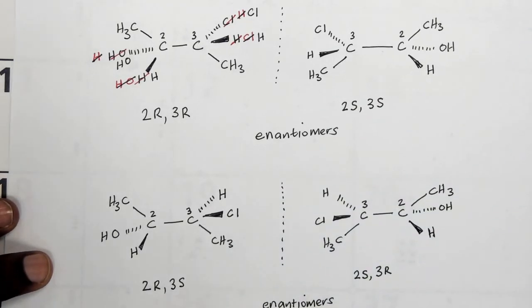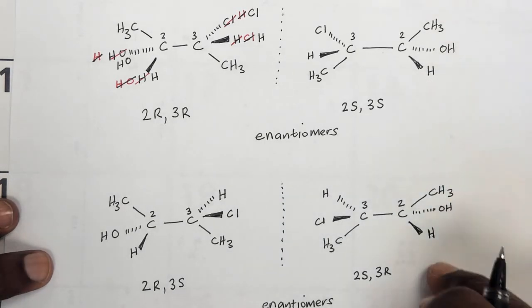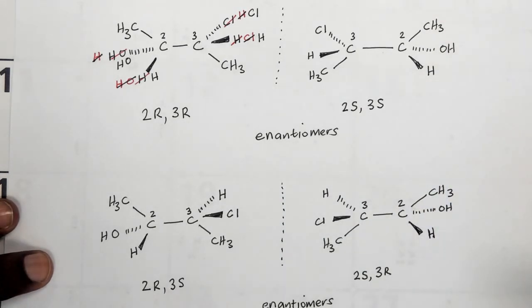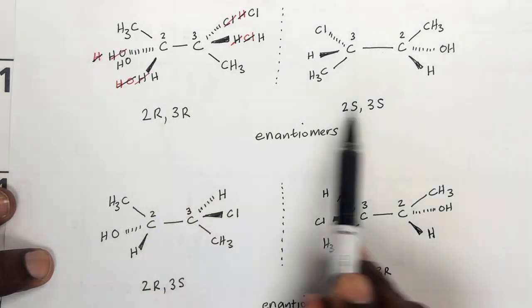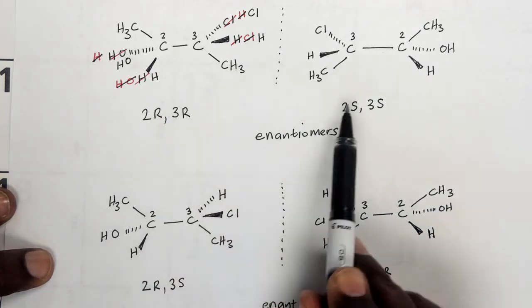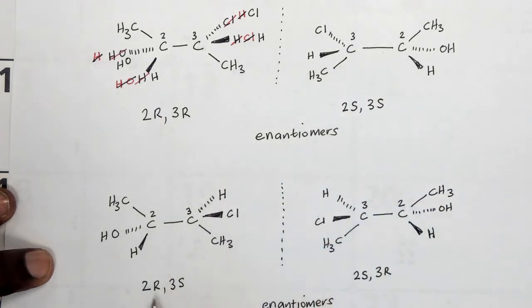So I have 2 pairs of enantiomers, a pair on the top and a pair at the bottom, and in each of these, both the chiral centers are swapped around. 2R becomes 2S, 3R becomes 3S, 2R 2S, and 3S 3R. 4 different molecules.